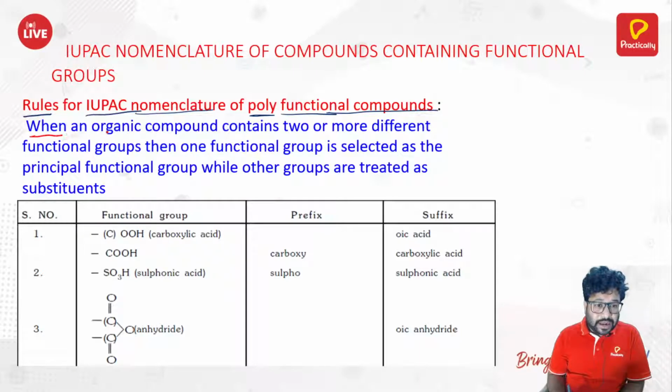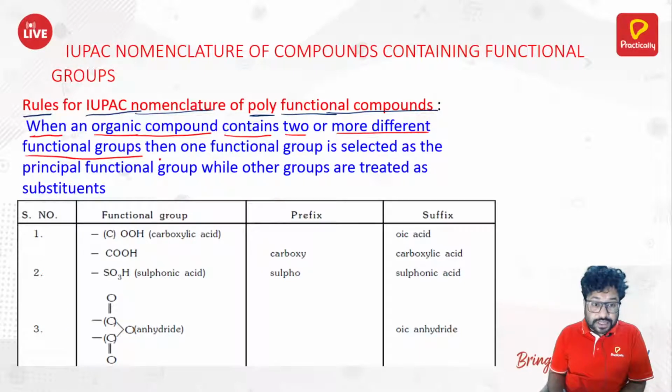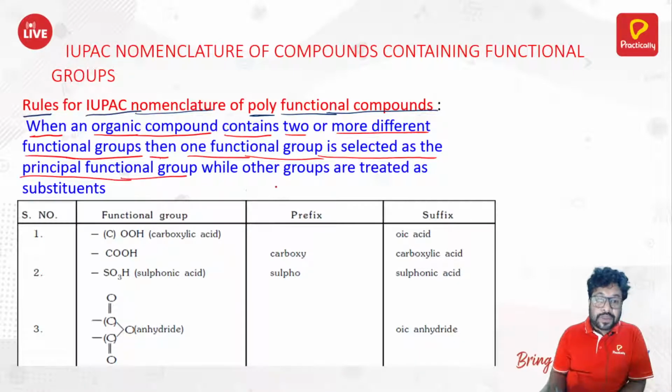When an organic compound contains two or more different functional groups, then one functional group is selected as the principal functional group, while the other group is treated as a substituent.